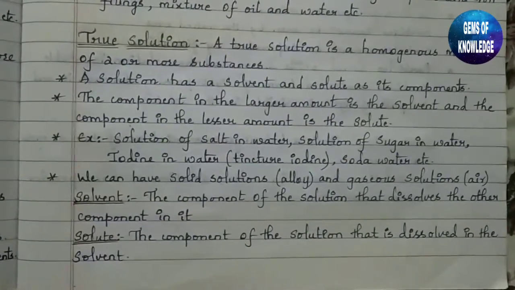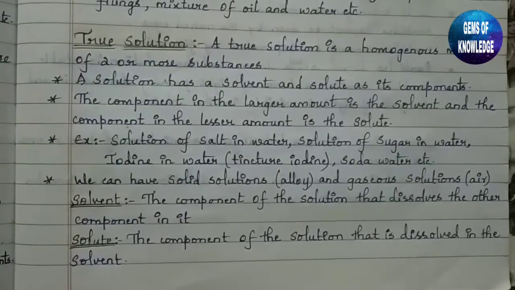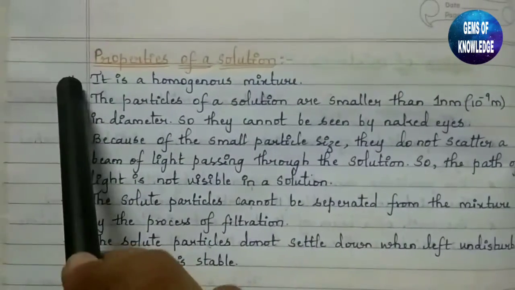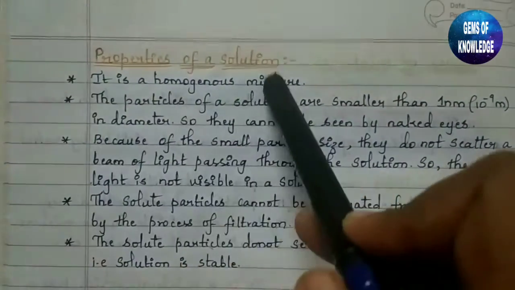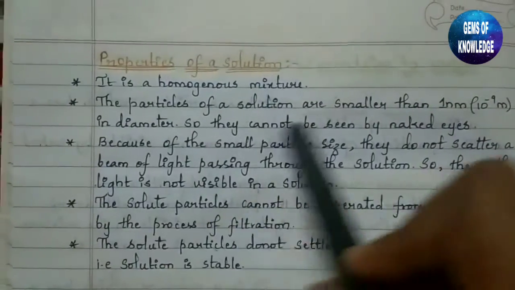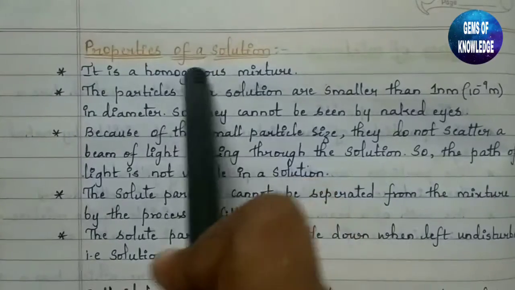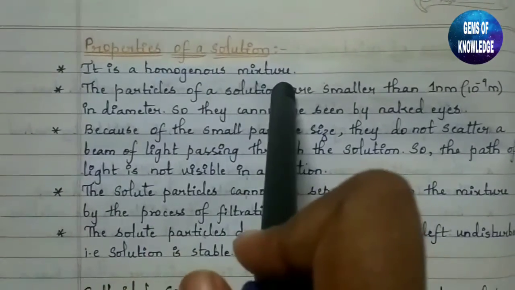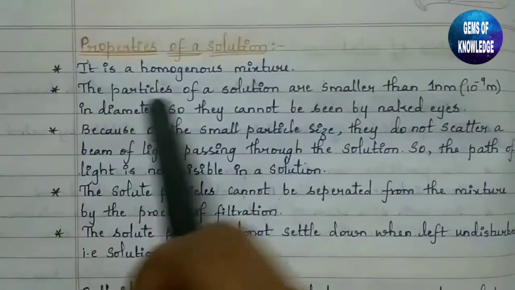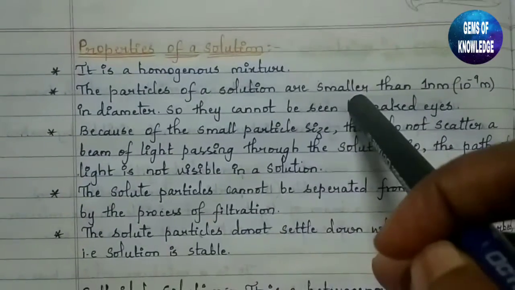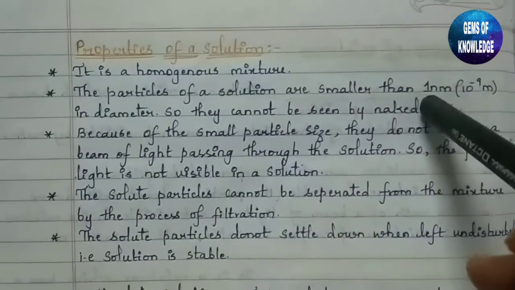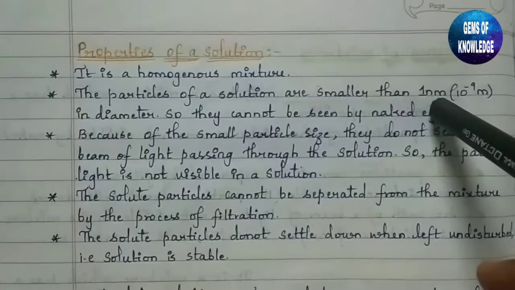Let us see the properties of true solutions. The first point is it is a homogeneous mixture. We have already studied this in the definition of the true solution. Then the particles of the solution are smaller than 1 nm. Here nm is nanometer.